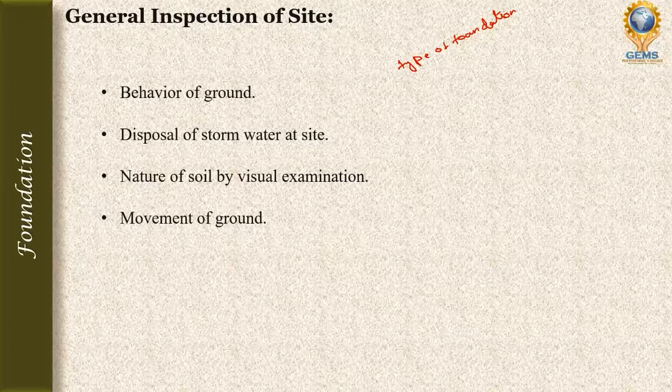In addition, it helps in getting data with respect to the following items: the behavior of ground due to variation in depth of water table, disposal of storm water at the site, nature of soil by visual examination, and the movement of ground due to any reason. These data we can get by the general inspection of the site.